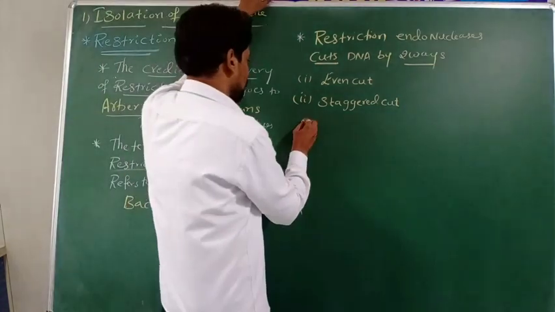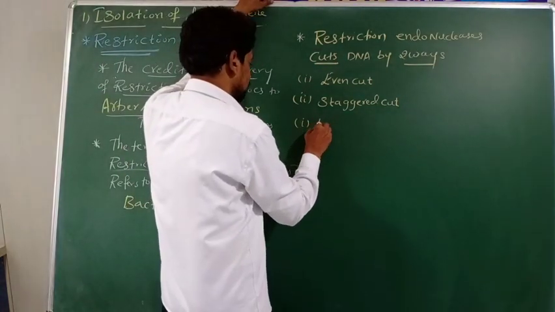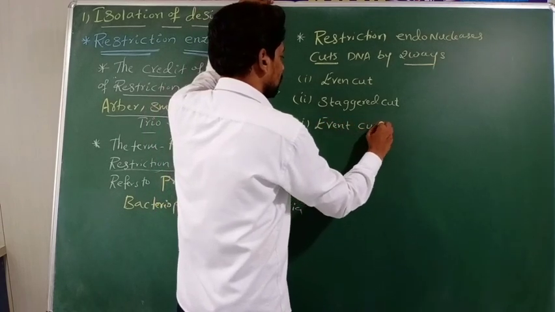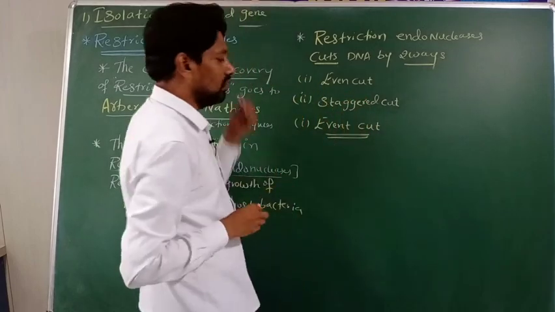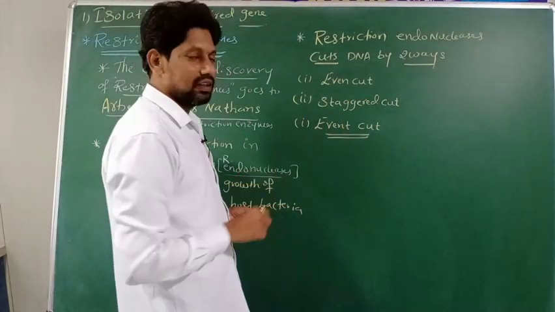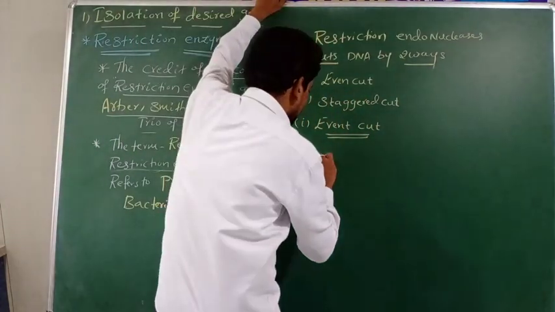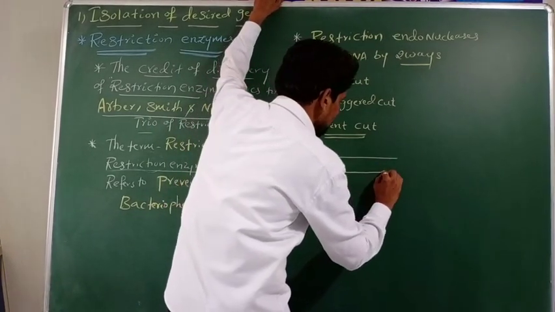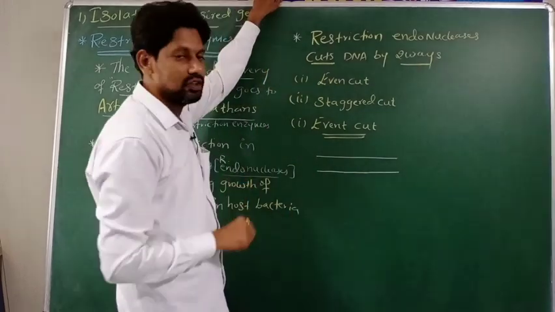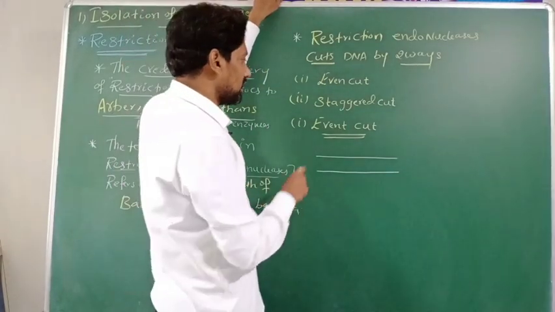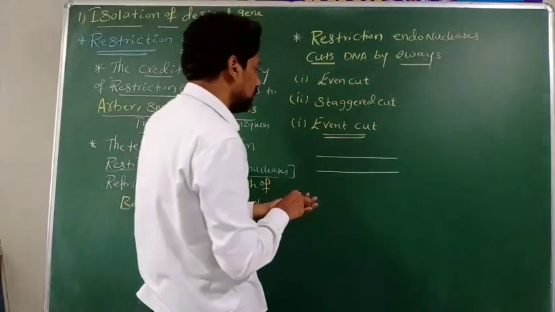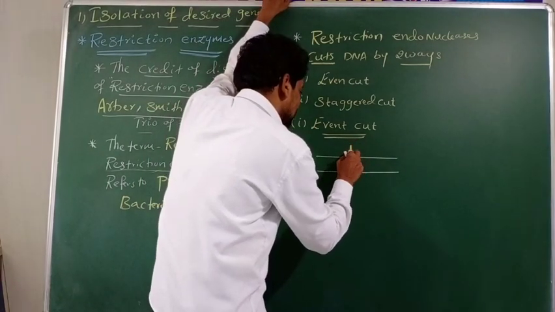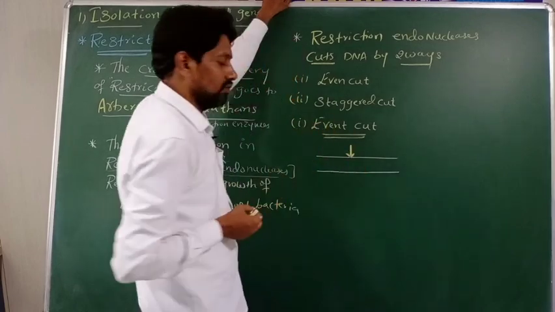Go for the first one, the even cut. Now see here, I am taking a double-stranded DNA molecule, which means with two strands. For example, a restriction endonuclease makes a cut in the first strand at this point.